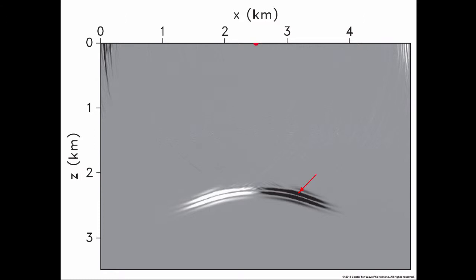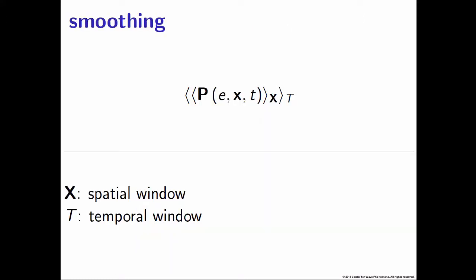So one way to avoid 0 amplitude is to smooth the Poynting vectors in space and time. The square bracket represents smoothing, and the capital X and capital T are our window sizes. And we have to be careful choosing the correct window size, because we don't want to over-smooth.